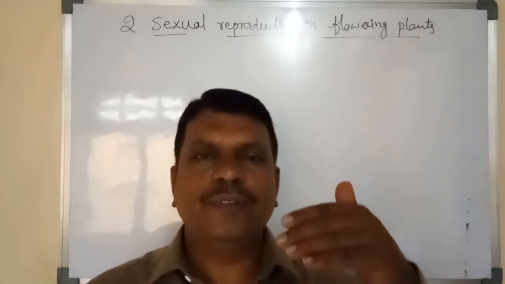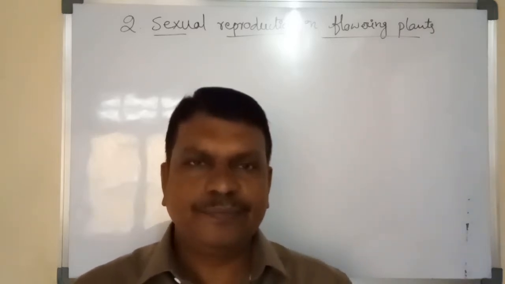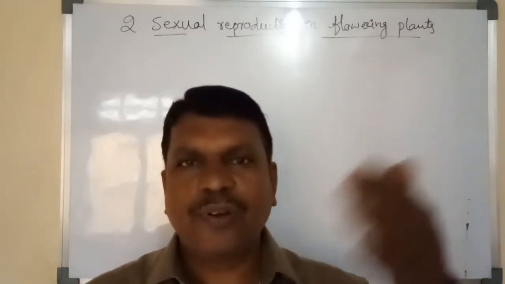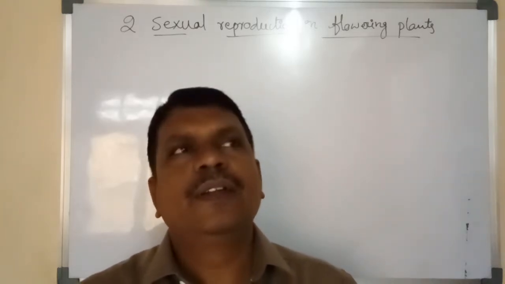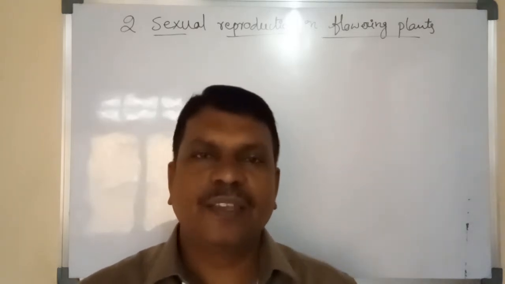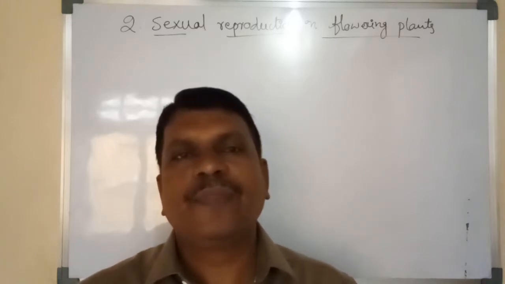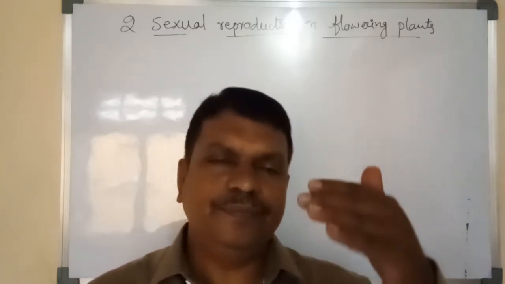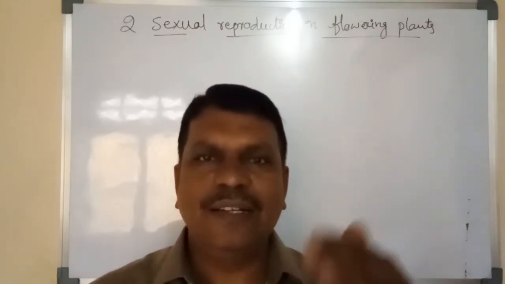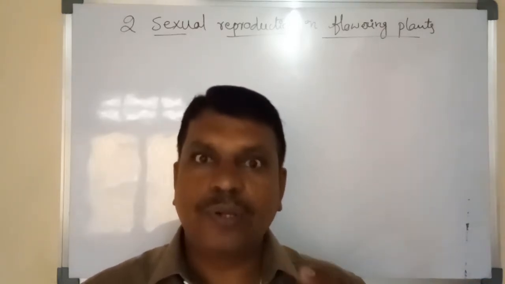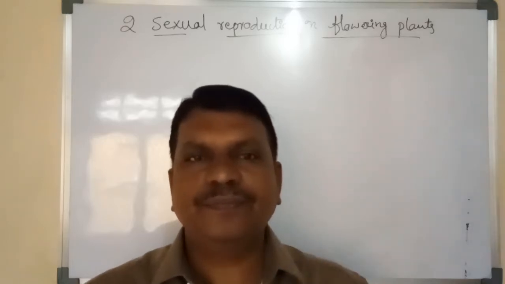Next, development of dicot embryo. Developmental stages of monocot embryo. Stages, important. Next, double fertilization. What is double fertilization? What is the ploidy of endosperm, zygote, embryo, seed, fruit, root, stem, leaf?